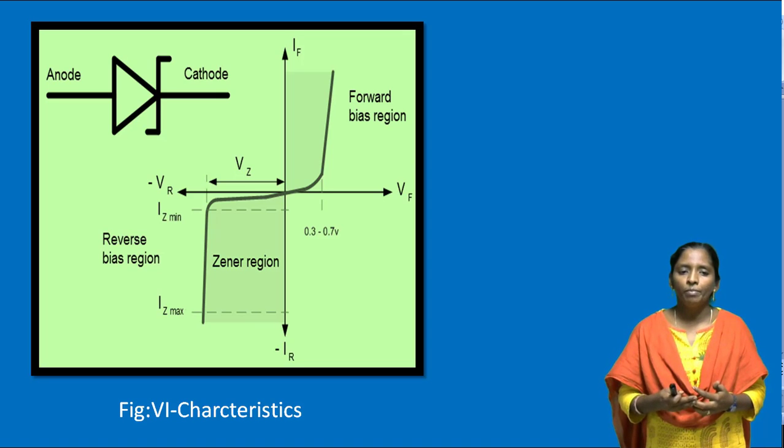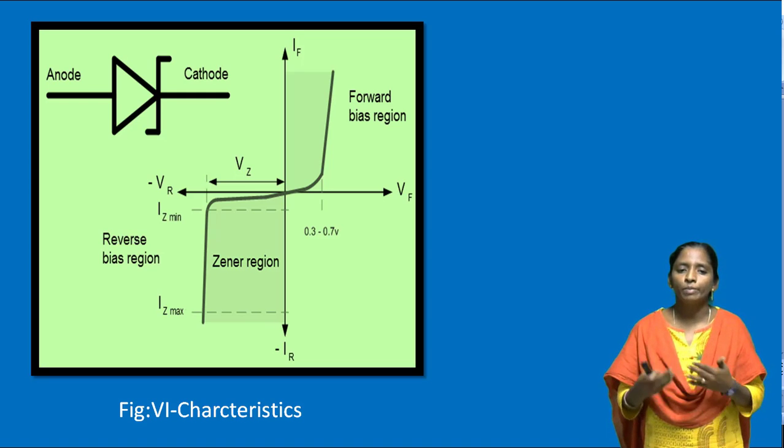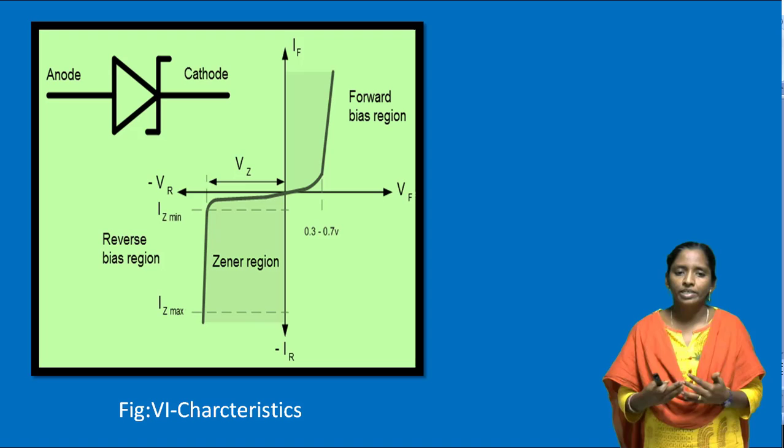Then we provide forward bias. In forward bias condition, after cut-in voltage, it allows maximum flow of current. The cut-in voltage for germanium is 0.3 volts and for silicon is 0.7 volts. Once it reaches cut-in voltage, it allows maximum flow of current. In forward bias, the resistance is low and current is maximum.